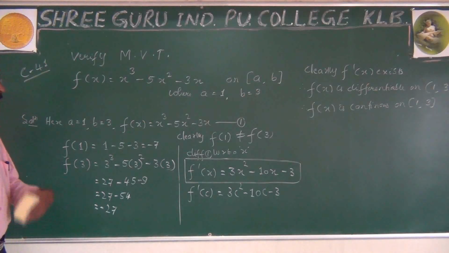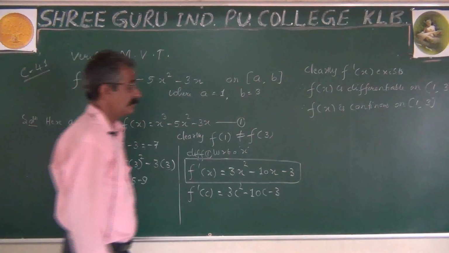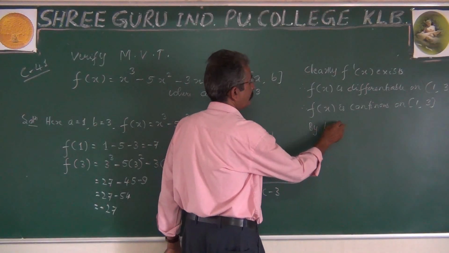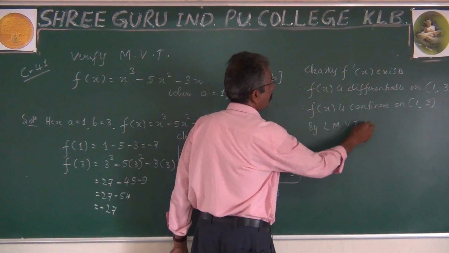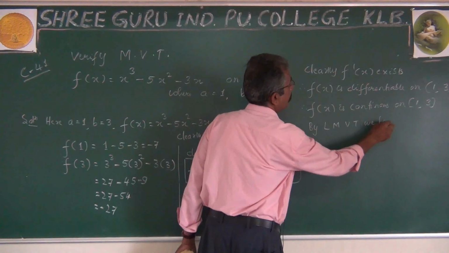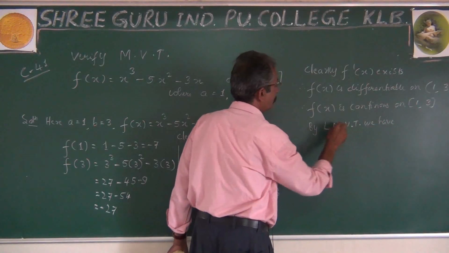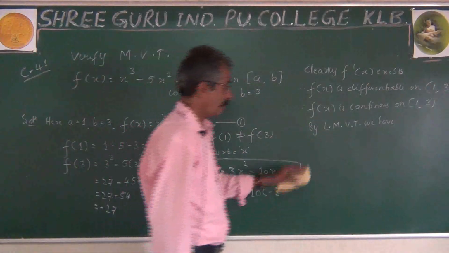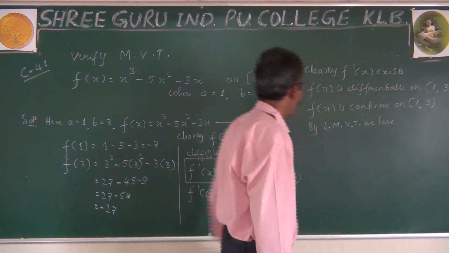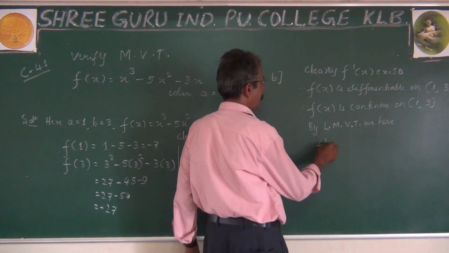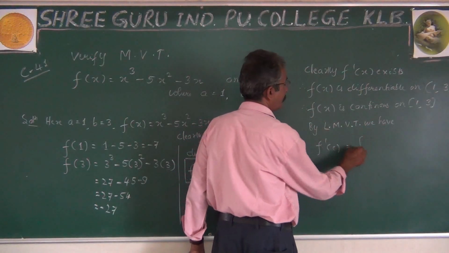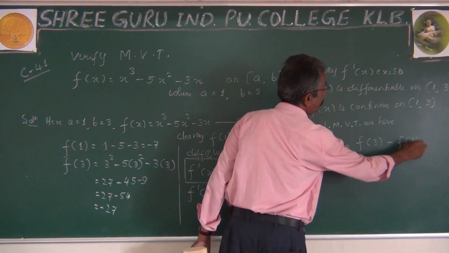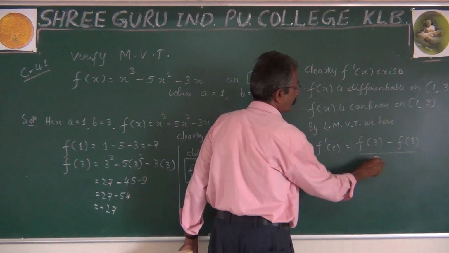Let's apply Lagrange's mean value theorem. By LMVT we have, that means by Lagrange's mean value theorem we have f dash of c equal to f of 3 minus f of 1 divided by 3 minus 1.